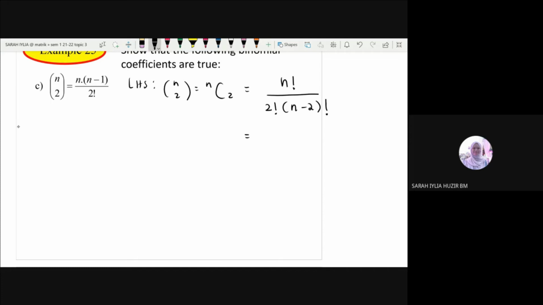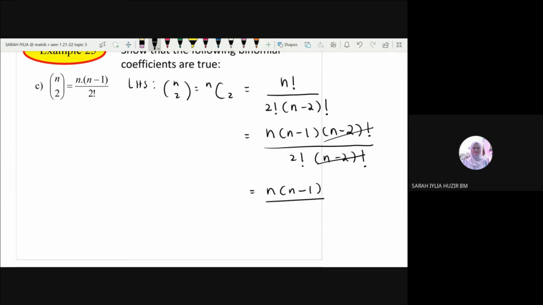So buka bahagian atas, n, n minus 1, n minus 2 factorial. Denominator, n minus 2 factorial can be cancelled out. So dapatlah apa yang dia suruh show. So kalau awak faham konsep buka factorial simplify nak stop kat mana, awak tak ada masalah lah kat bahagian ni.